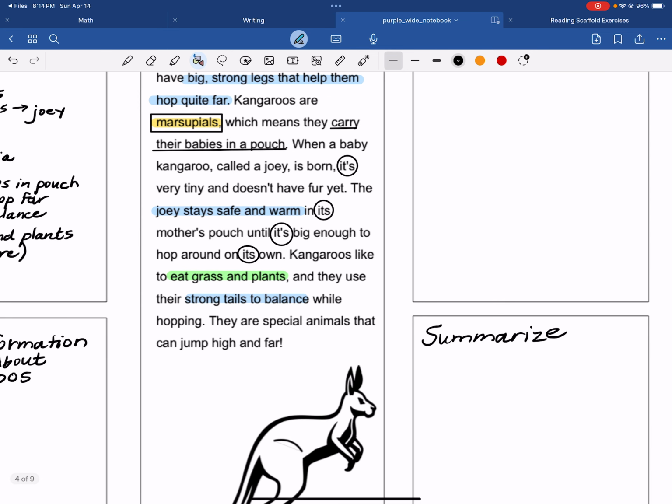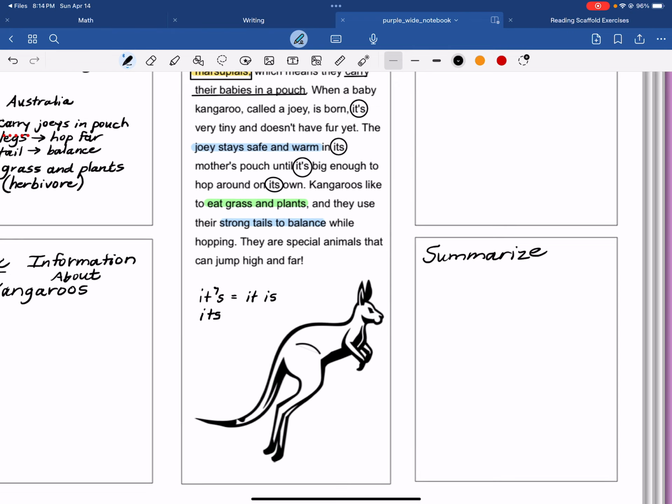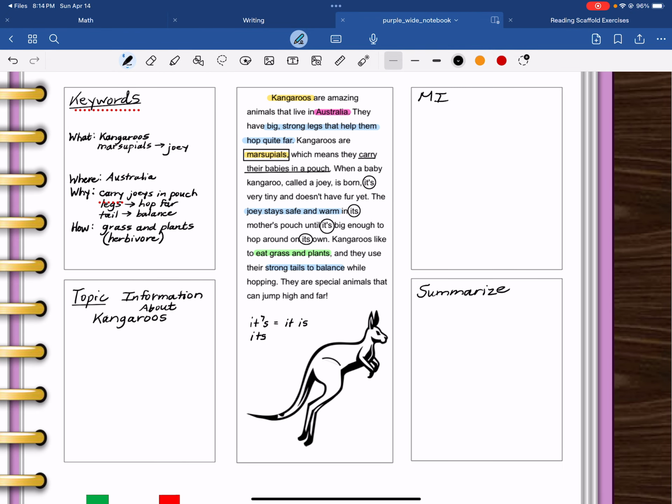It's, it apostrophe s. You could even note that down here. If you have the apostrophe there, that means it is. The other its shows possession. So you could talk about the difference between that contraction and the other its.